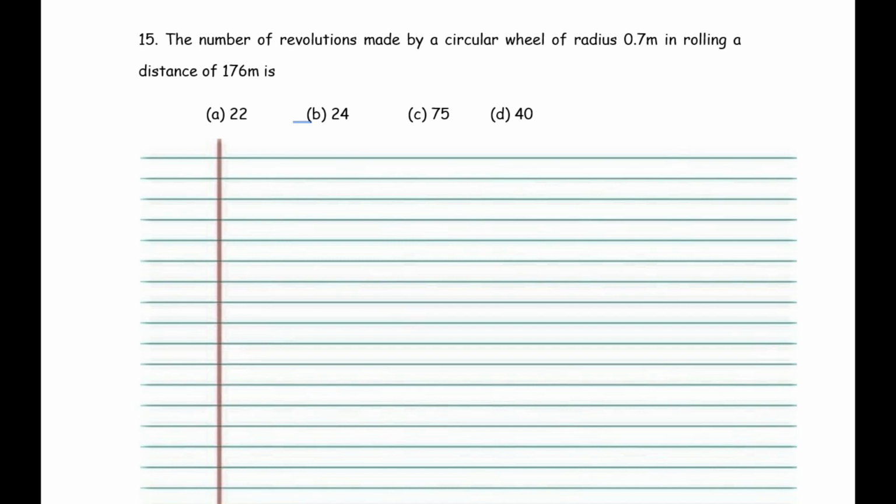Moving to question number 15. The number of revolution made by a circular wheel of radius 0.7 meters in rolling a distance of 176 meters is. Students, the number of revolutions equals total distance covered divided by circumference.